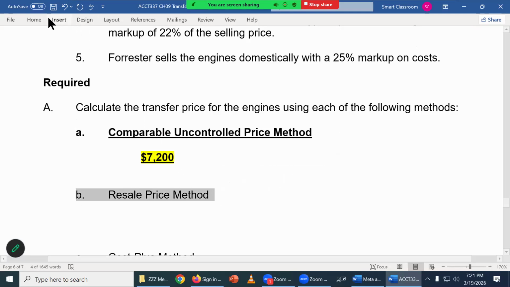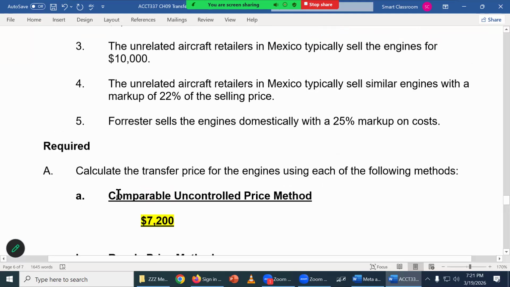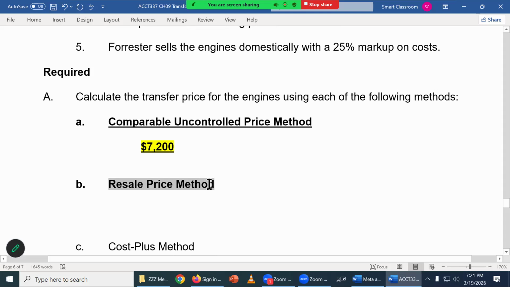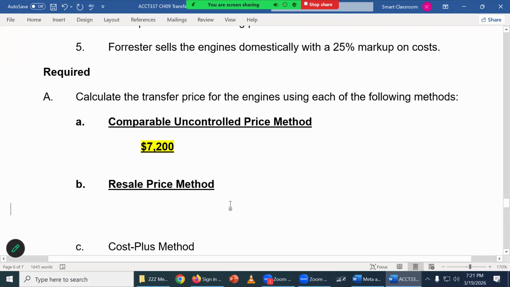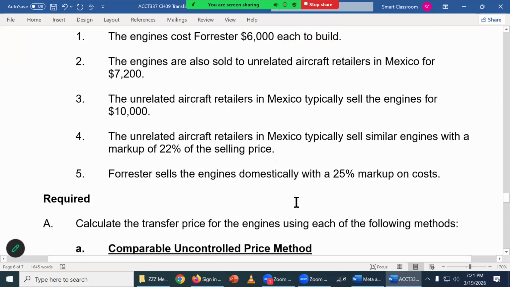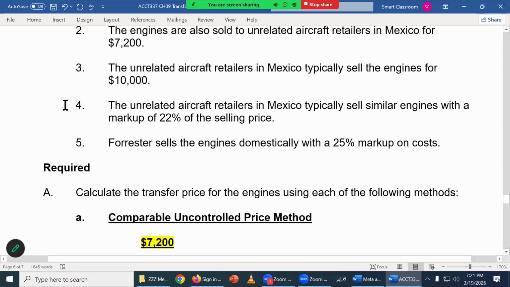Now, the resale price method, this is where other companies are selling similar items and they're selling them for 10,000. So they typically sell the engines for $10,000. They typically sell engines for a markup of 22%.